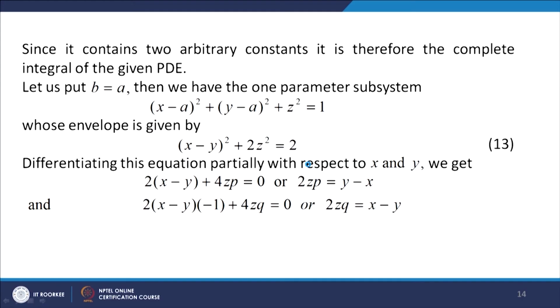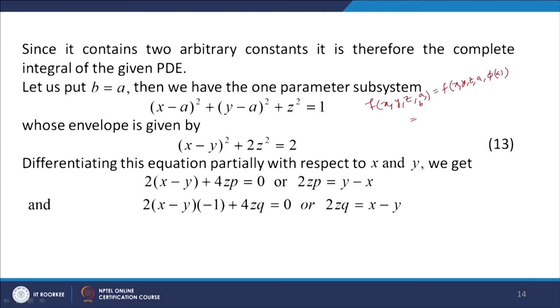Now, let us put b equal to a here. Then we have the one parameter subsystem x minus a whole square plus y minus a whole square plus z square equal to 1. Its envelope is given by x minus y whole square by 2 plus z square equal to 1. So this we can find. Let us write f(x, y, z, a) equal to phi(a, b), which is f(x, y, z, a, phi(a)).